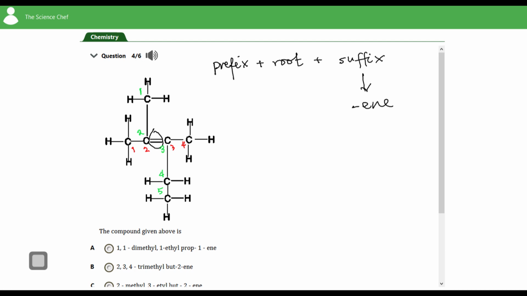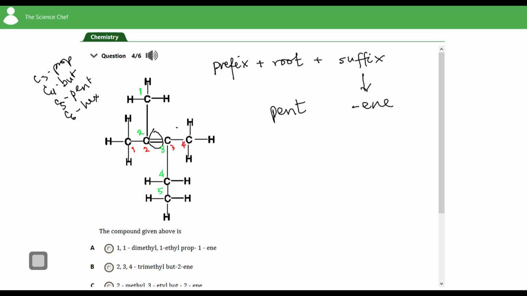Now the root is based on the number of carbon atoms present in the longest chain of that molecule, which in this case is 5. And 5 is pent. C5 is pent. C4 is but. C3 is prop. C6 is hex, and so on and so forth.